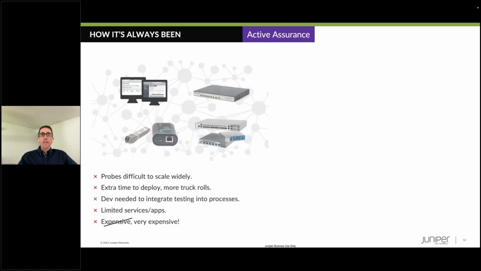Then another aspect I want to highlight here is how we are using active assurance or active testing and monitoring as part of the monitoring capabilities. If you think about the way we've been monitoring networks over the last decades, it's been primarily based on telemetry, complemented, if at all, with probe-based systems, which means hardware appliances that had to be deployed across the network, which were very costly and very difficult to scale out in highly distributed environments.